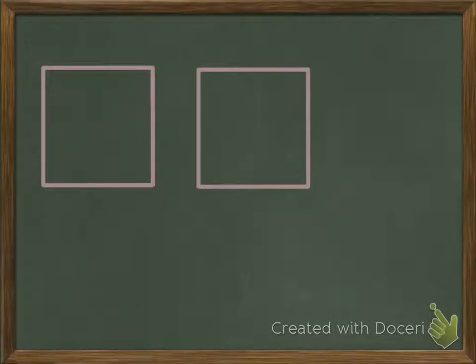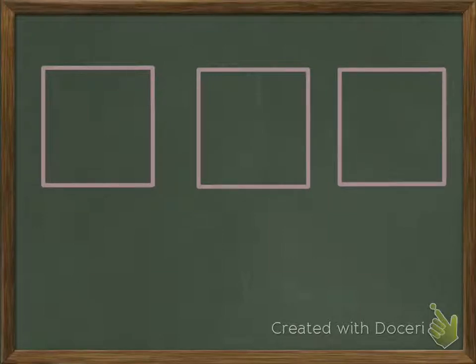So we have 3 squares. Let's let the area of 1 denote the whole. And let's again partition it into 8s.